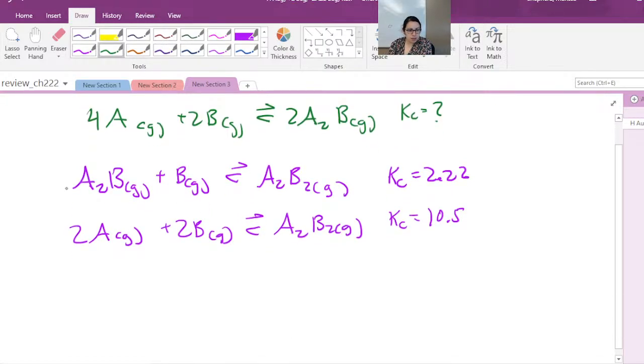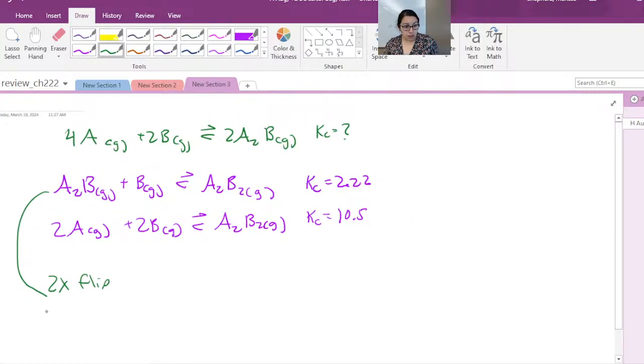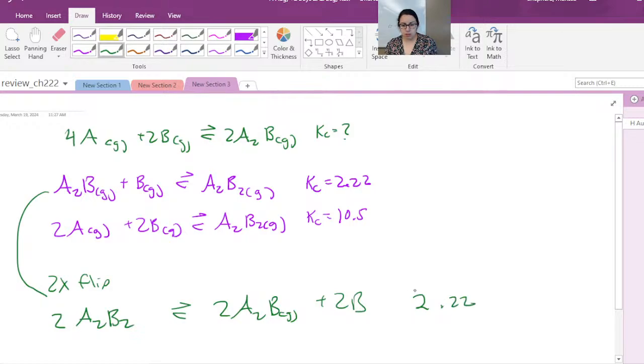So you said times 2 and flip for this one. So let's see, 2A2B2 gives us 2A2B plus 2B. And if we flipped it, then that would be 2.22 to the negative 2, right?